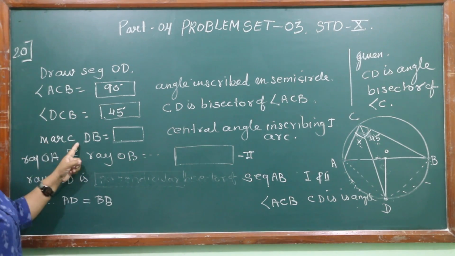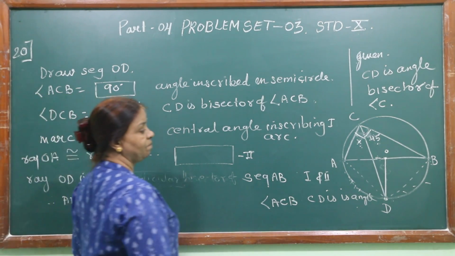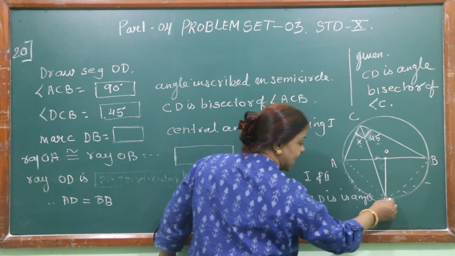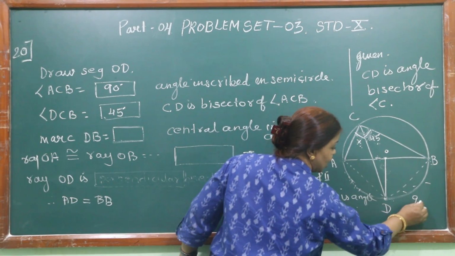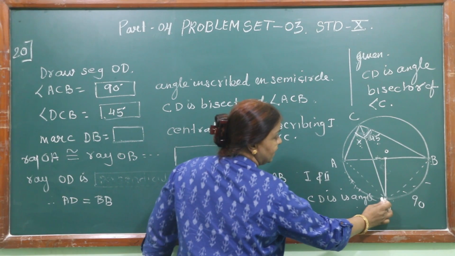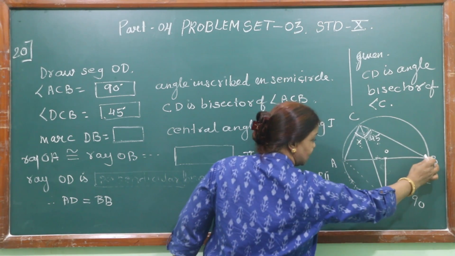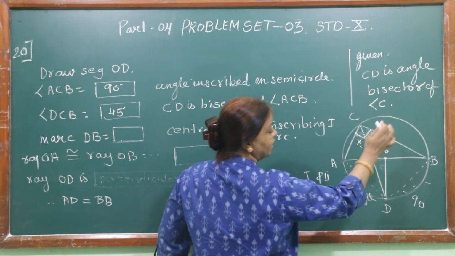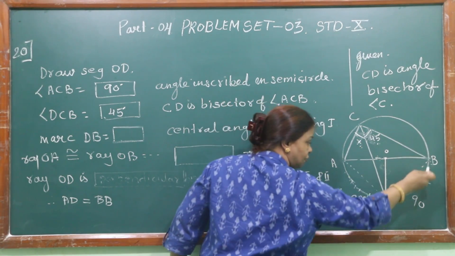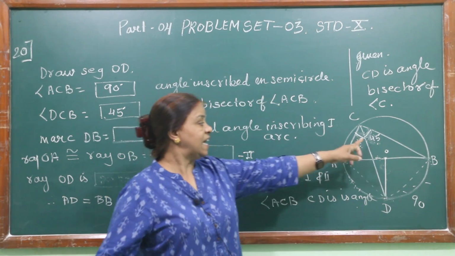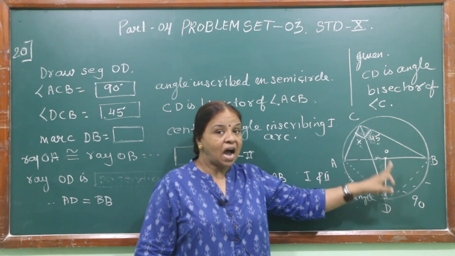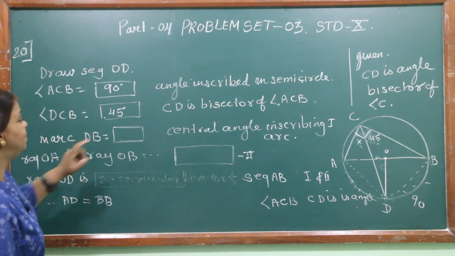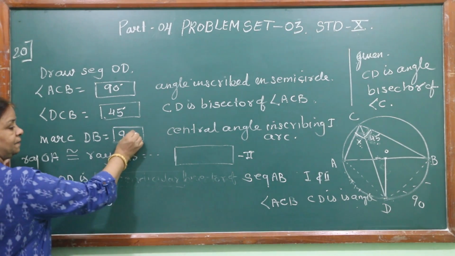Now major arc DB will be how much then? If this angle is 45 degrees, this arc will be 90 degrees, because DCB is intercepting this arc and this angle is half of this arc. So if this angle is 45 degrees, the arc will be 90 degrees. So major arc DB will be 90 degrees.